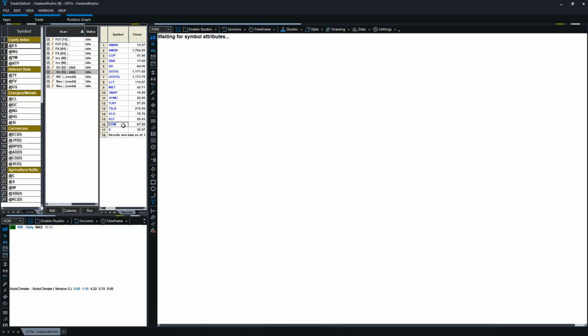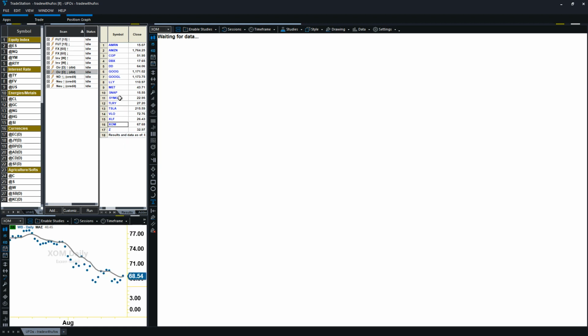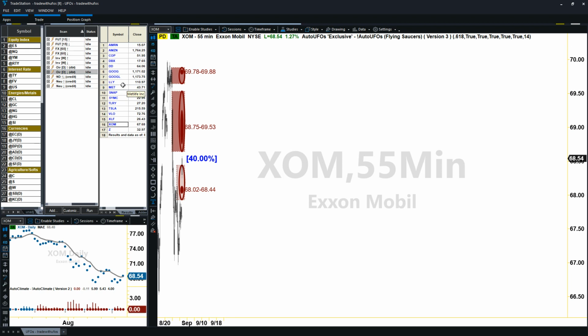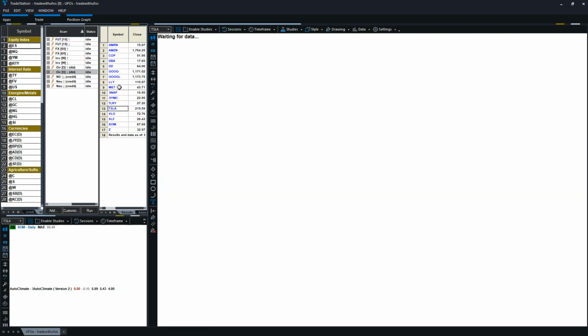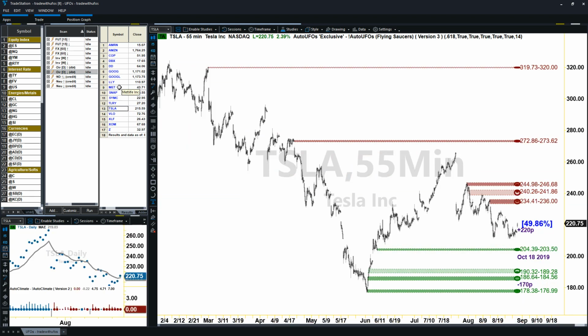So ExxonMobil could be an interesting stock to check. We'll check Tesla for sure. Snap is a nice stock, but very low price. We can look at MedLife and Lilly. So we look at ExxonMobil, Tesla.